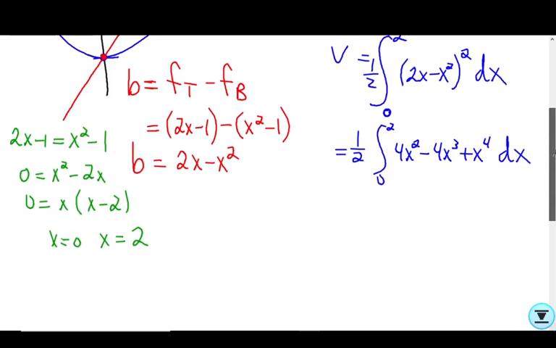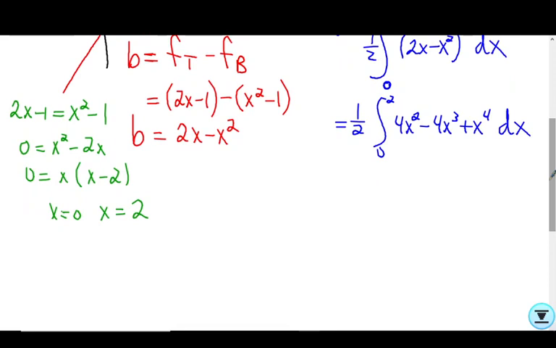Now, take the antiderivative. So I get 1/2 times 4x cubed over 3 minus x to the 4th plus x to the 5th over 5, from 0 to 2.